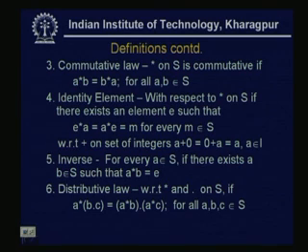Now, see here the rule is we take two operators star and dot, and we take three elements on the set S, say A, B, C. We take two elements B and C, which are operated by the operator dot. Now the result is operated by the other operator star, and the operand is the third element.